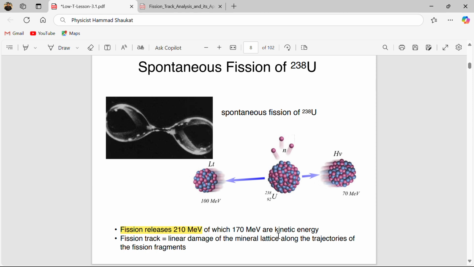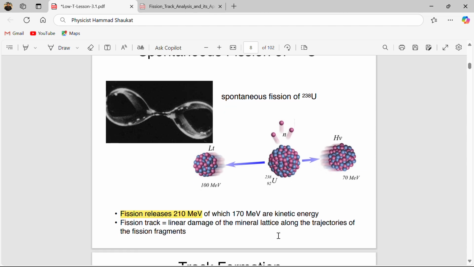The fission releases a total of 210 mega electron volts. And fission tracks are basically equal to linear damage of the mineral lattice along the trajectories of the fission fragments.